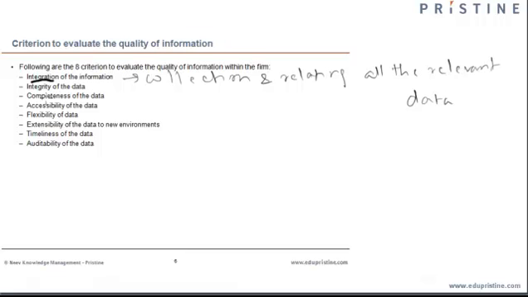The second point is integrity of the data, which is nothing but accuracy. The third is data completeness. Fourth, data being easily accessible. Fifth, flexibility of data so that data can be used for different purposes or different analysis.